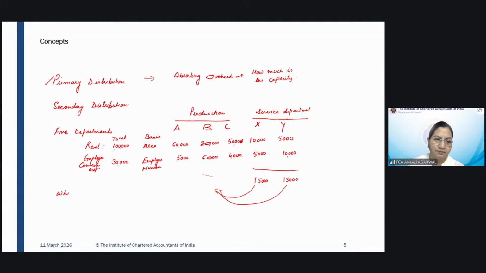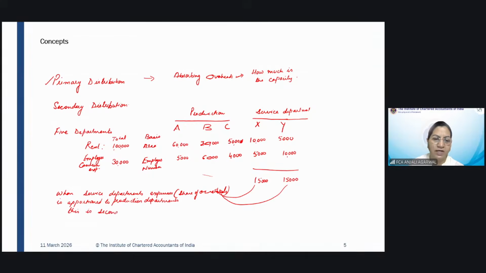So when the service departments' expenses or share of overheads is apportioned again back to the production departments, that is called secondary distribution.